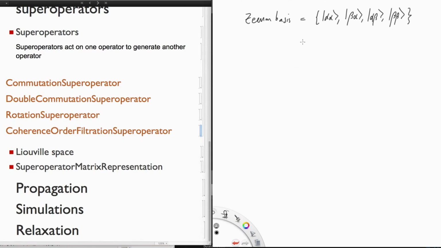And if you recall, the defining feature of a valid basis is orthonormality, which means that the bracket between any two of these states is 1 if the states are the same, and 0 if they're different.